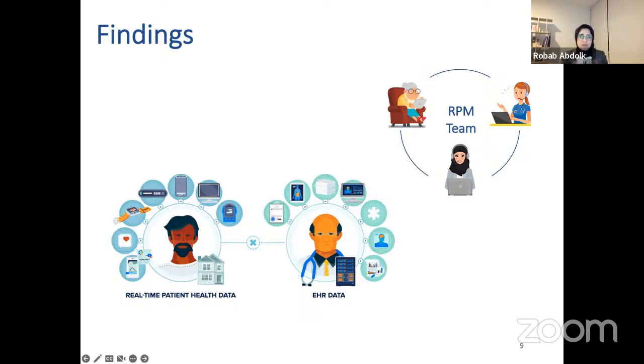This team looks sufficient for managing project-based remote monitoring that is conducted as a one-off study on a small scale. But if we want to go further than that, and think about integrating PGHD and RPM into EMRs, the team needs to be expanded.